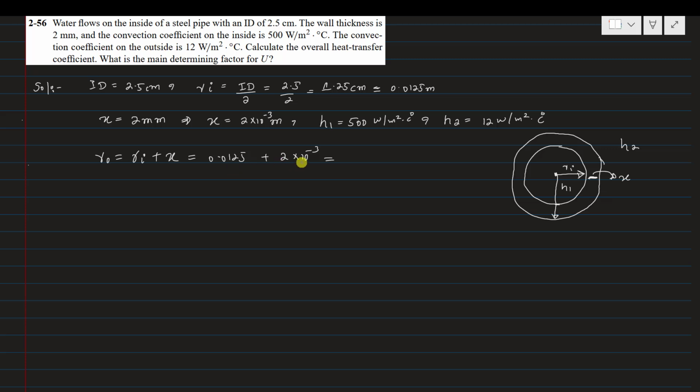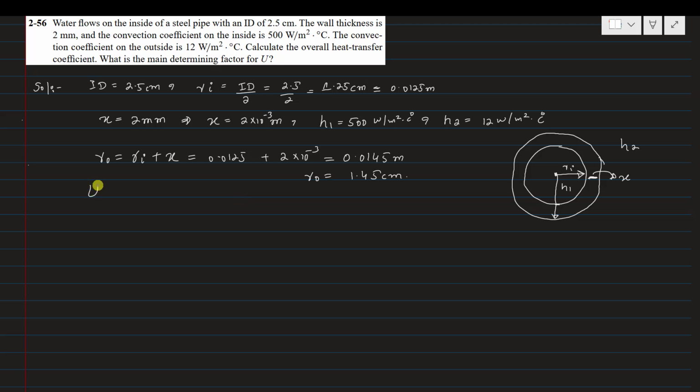Just add these together and you will get the outside radius, that is 0.0145 meter. If you want to convert into centimeters, then R naught is equal to 1.45 centimeters. This is R naught and this is Ri, the inside radius.